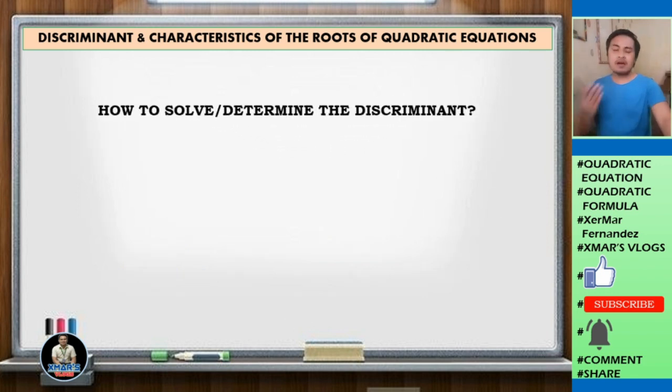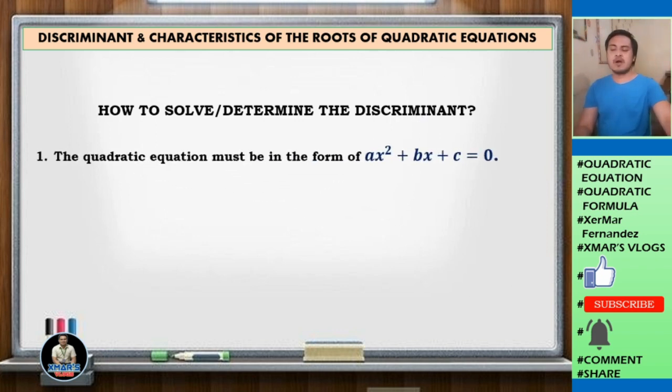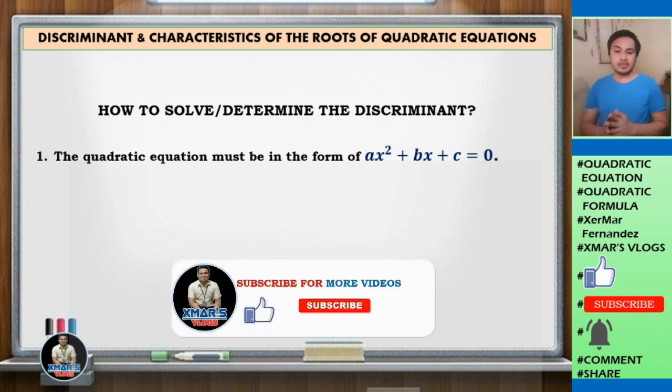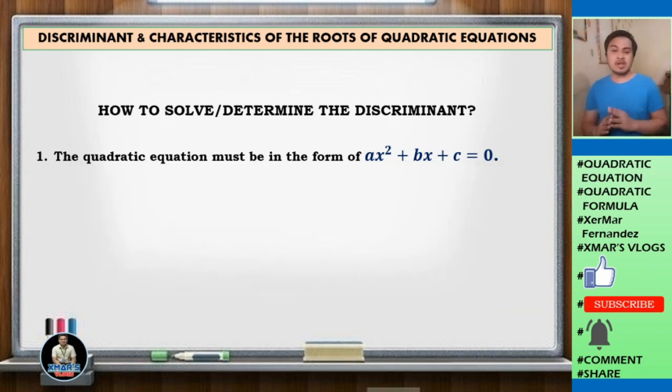So how do we determine the discriminant of a quadratic equation? Here are the steps. Number 1, the quadratic equation must be in the form ax squared plus bx plus c equals 0. If the given equation is not in standard form, we have to transform it into the form ax squared plus bx plus c equals 0.